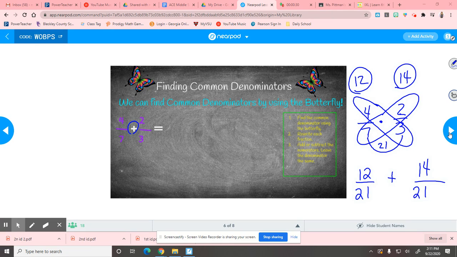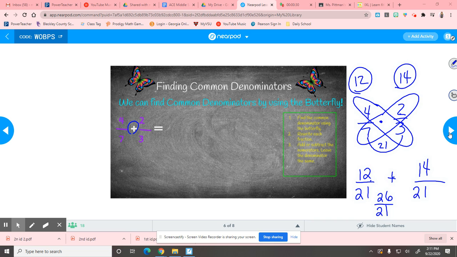So now I have 12 21sts plus 14 21sts. When we add, we don't touch the denominator, so we know it's going to be 21. So 12 plus 14 is 26. And that's a right answer, but it's not the best answer because it's an improper fraction.